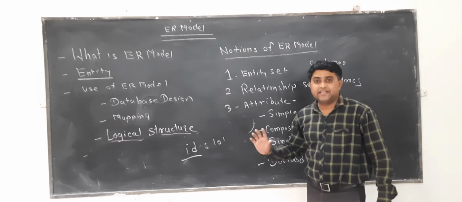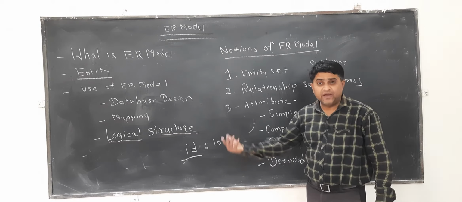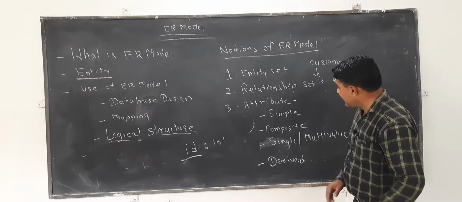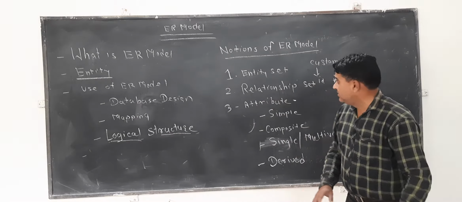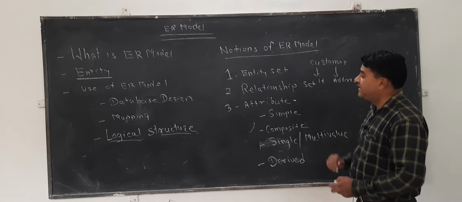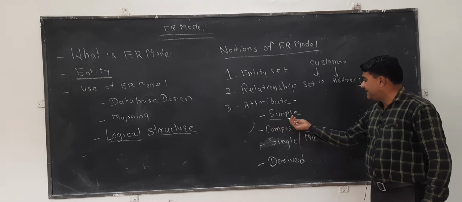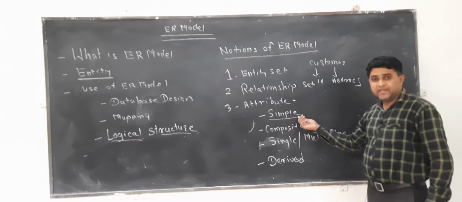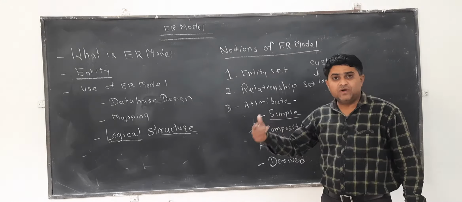So an entity set contains multiple attributes and their values. There are different types of attributes in the ER model. First is simple attributes. Simple attribute means ID colon 101.